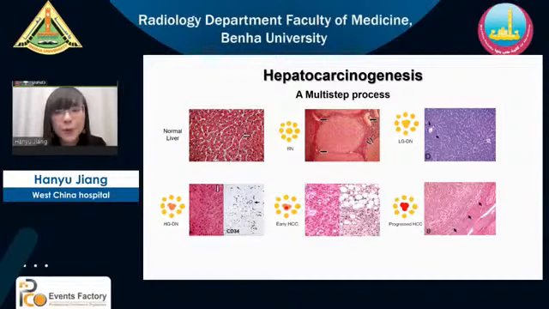And eventually, we have progressed HCC here. Progressed HCCs are overtly malignant lesions with the ability to invade vessels and metastasize. Microscopic and histologic features of this category are variable, depending in part on lesion size.